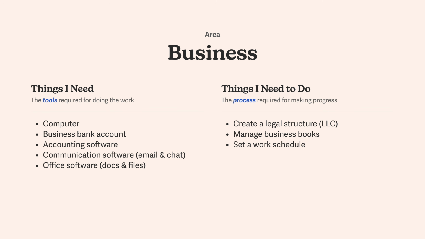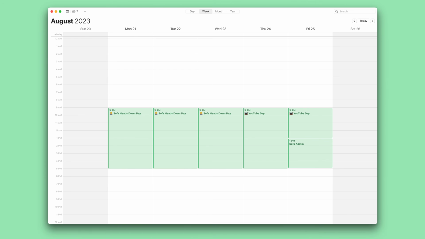I set a work schedule. I've talked about this in a previous video, but I'm still honing what that schedule is. But I have an initial schedule of this is time during the week when I am working on Sofa and developing and designing. I have time dedicated to YouTube where I'm doing stuff like this. And then I have admin time where I'm maintaining the business, I'm doing the financial stuff and keeping all that stuff tidy.